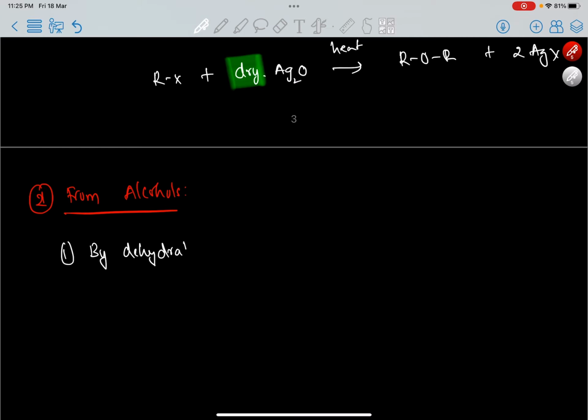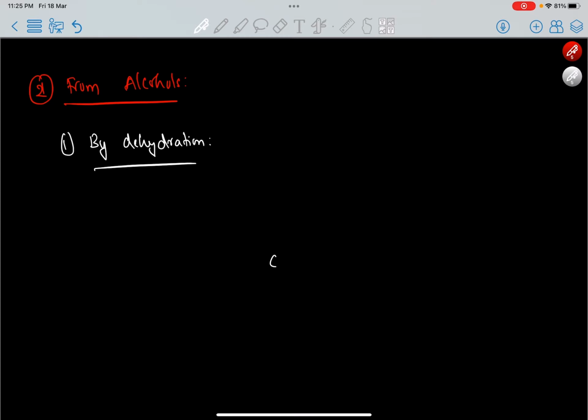When we have alcohol, for example CH3CH2OH ethanol, if it undergoes dehydration in the presence of concentrated H2SO4, then we get ether, CH3CH2OCH2CH3.